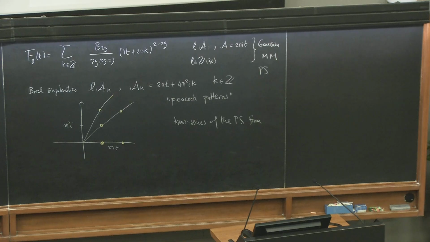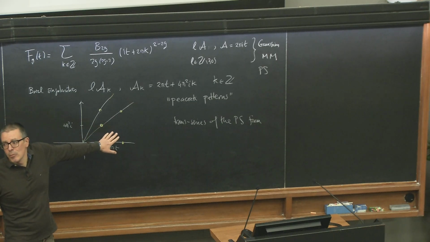This is the famous work of Gopakumar and Vafa. The important point of that work is that it taught us that topological strings can be understood in terms of D-branes. So here, for example, you would have a single D2 brane wrapped on P1, and on top of this D2 brane, you can bind as many D0 branes as you want. But this is exactly the pattern of Borel singularities that we see here.